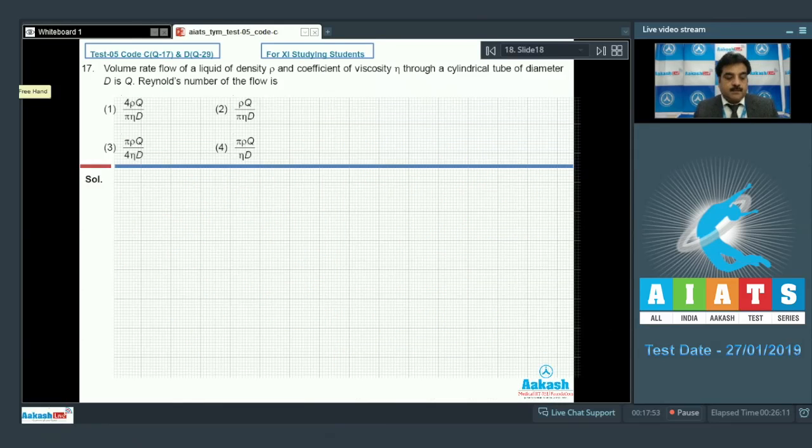In question number 17, the volume rate of flow of a liquid of density ρ and coefficient of viscosity eta through a cylindrical tube of diameter d is Q. We are looking to find the Reynolds number. First I would like to write the formula of the Reynolds number, ρ v d divided by eta, where v is the speed, d is the diameter, ρ is the density and eta is the coefficient of viscosity.